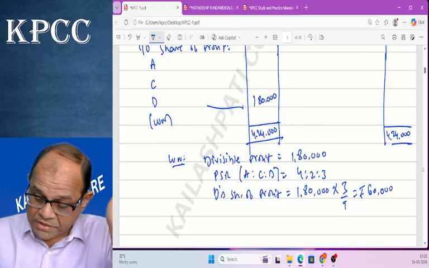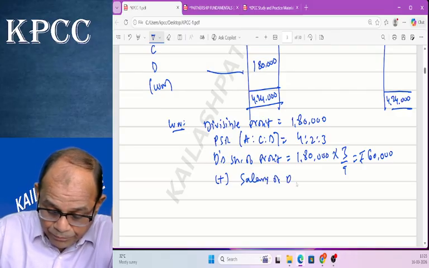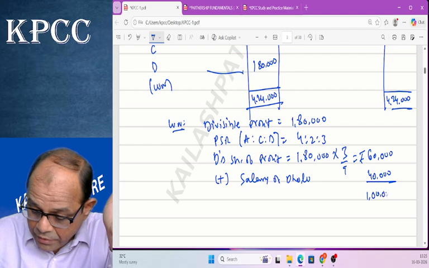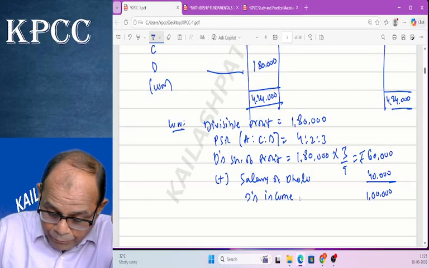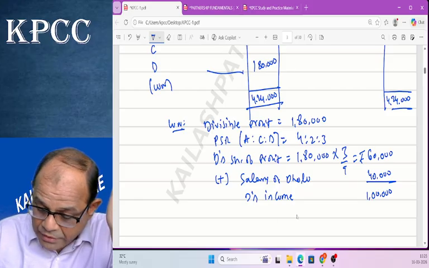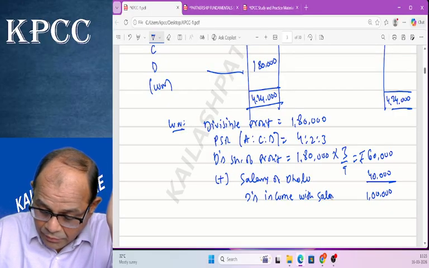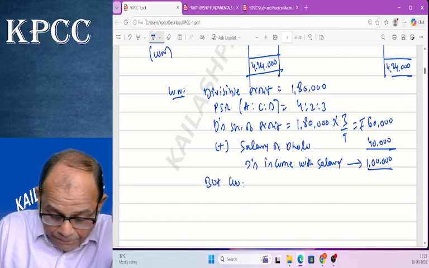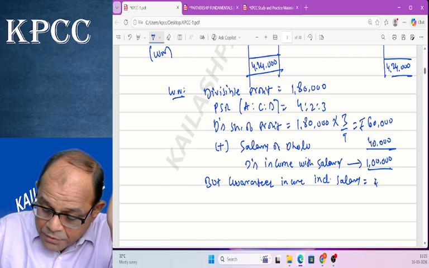Now his share of profit is 60,000. Add the salary of Dolu, 40,000: 1 lakh. So Dolu's income with the salary is 1 lakh, but the guaranteed income including salary is rupees 1,10,000.